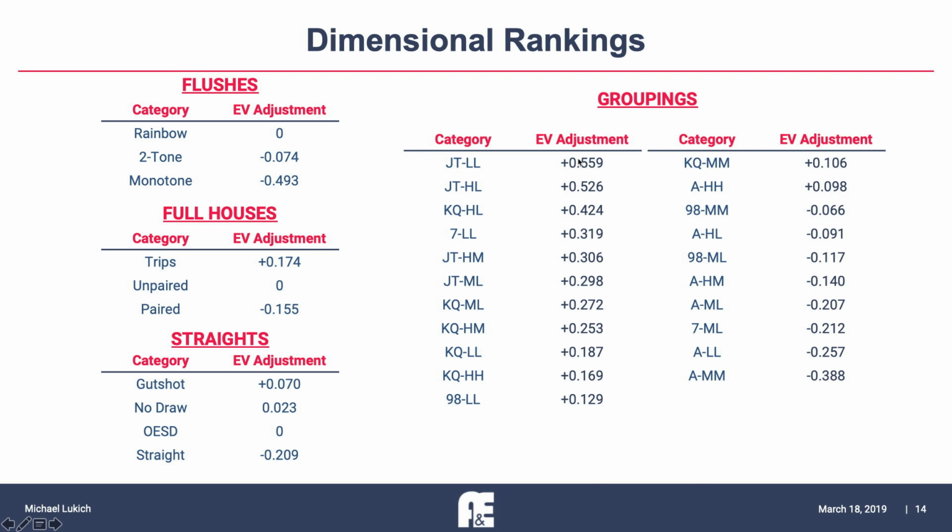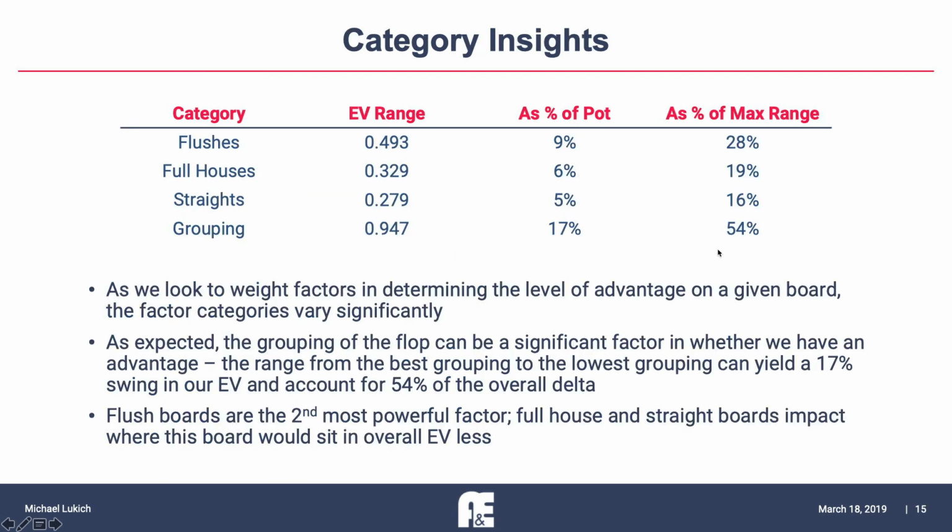So as long as I know that there's a jack high, if it's a jack or a 10 high board, I can say that's fairly positive for us, and then make some adjustments: maybe a negative adjustment if it's a monotone board, or a negative adjustment if it's a paired board, or maybe a slightly positive adjustment if there's a gutshot present but nothing else. So I can pull all of these together, but I can really start with this baseline of looking at these high card groupings, because that's going to be representative of the larger portion of the overall EV change.